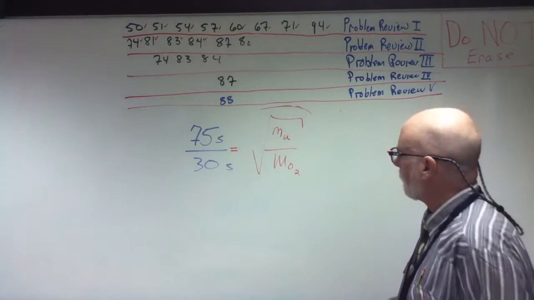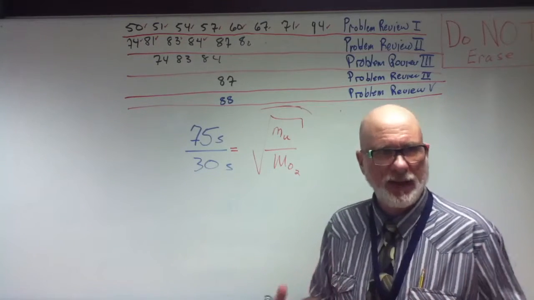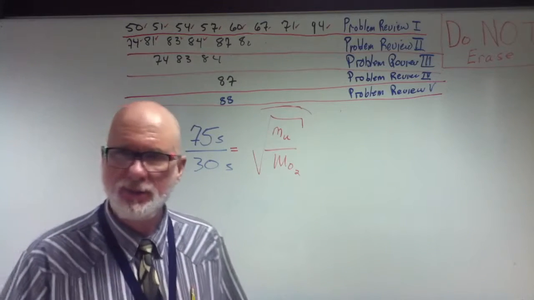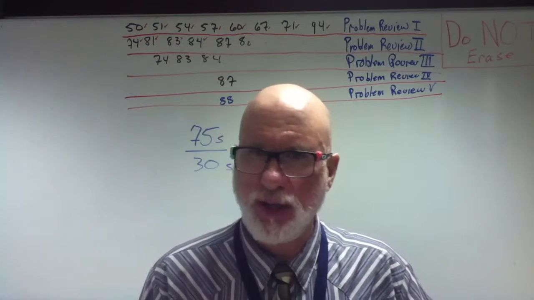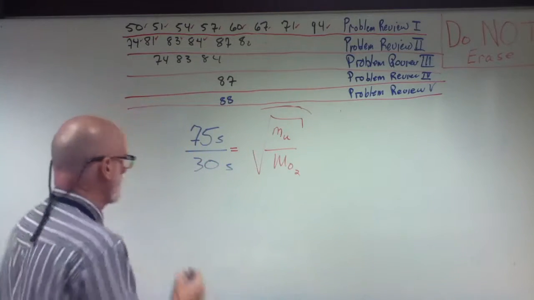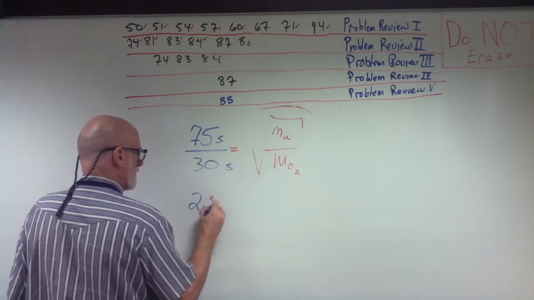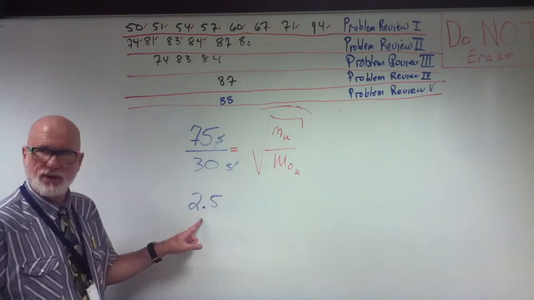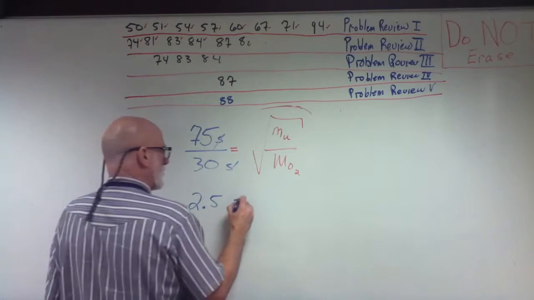Okay. So let's see what we have. 75 divided by 30 is 2.5, right? Seconds cancel, I'm left with a ratio of 2.5, correct?